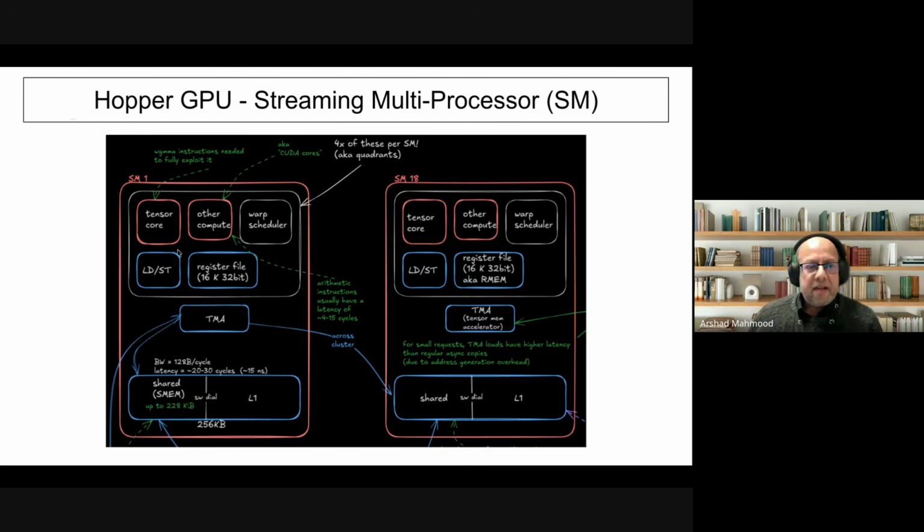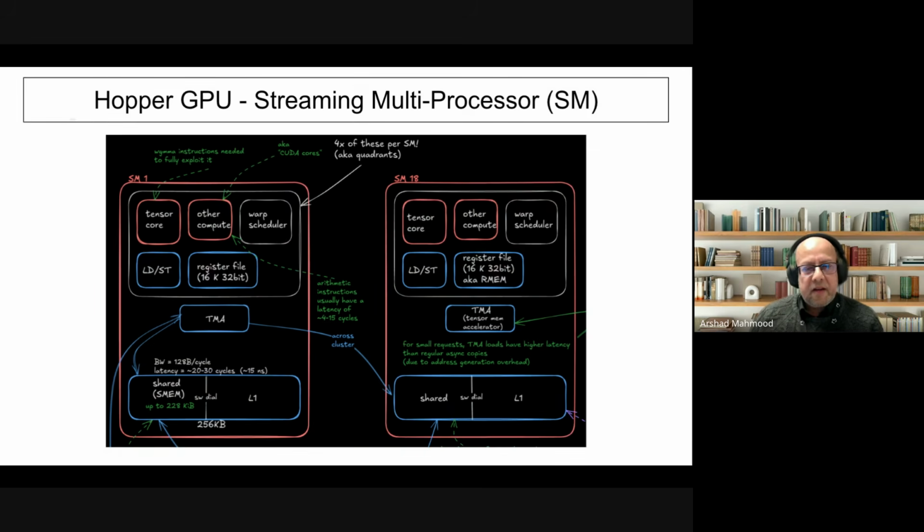Next to that, there's other compute, things like your sine functions, cosine functions, and log functions, so they've got functional units for that. Then you've got a warp scheduler, and we'll come to warps in a minute, but that's a bit like the CPU scheduling programs, and you can think of warps as programs. Then you've got some memory circuitry for load and store into memory.